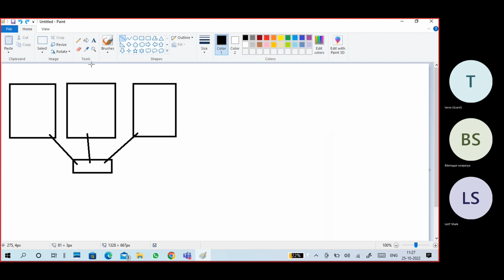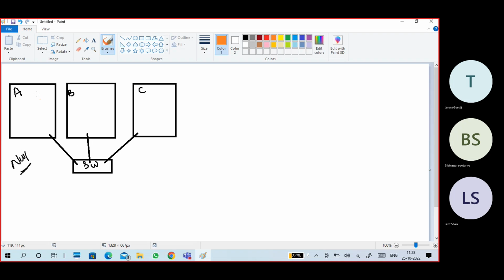Now this is a network. For example, this is PC A, PC B, PC C, and for example this is a switch or a hub. So this is one network, network one. As a definition, that is a network.